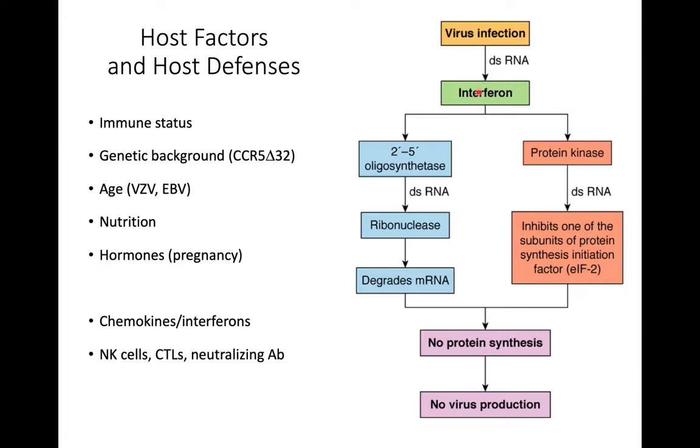Unfortunately, a lot of viruses are really good at preventing interferon signaling or decreasing it, usually by the degradation of STAT1 and STAT2 or preventing the dimerization of STAT1 and STAT2. But there are a number of other viral gene products that alter host immune responses, and not just the interferon response.